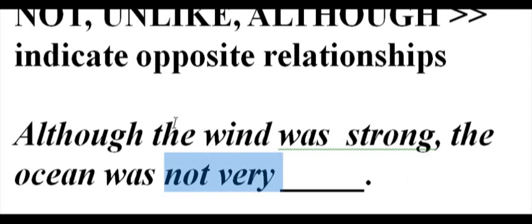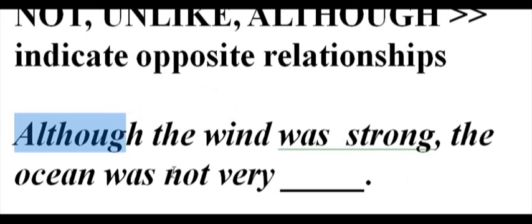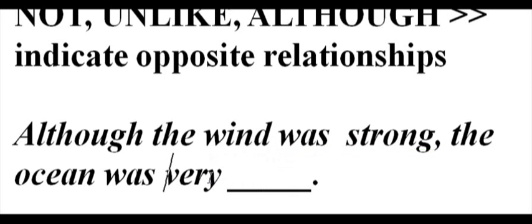And we have two negatives here. We have although and not. If we only had one negative, if I got rid of not, and we had although the wind was strong, the ocean was very blank, we understand that the relationship between wind and ocean is an opposite relationship. The ocean was very calm.